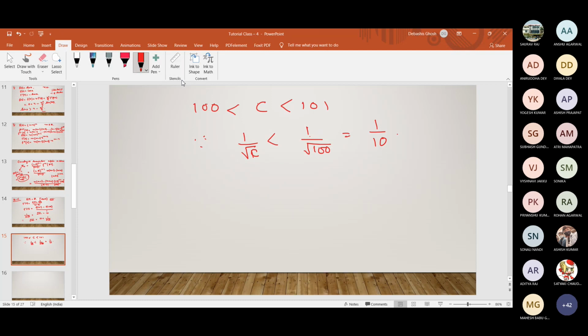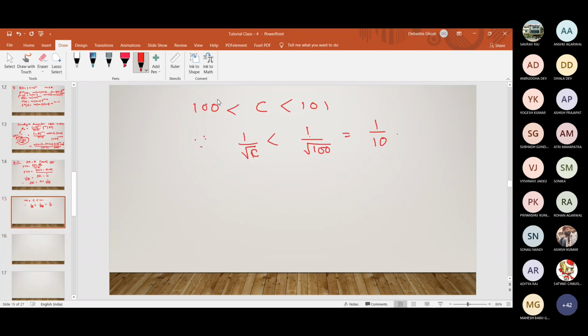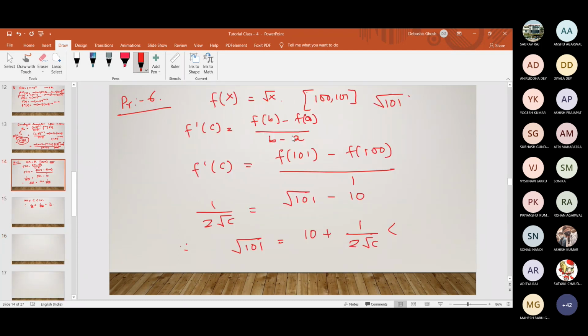So we can replace that value. That is less than 10 plus 1 by 2 into 10, which comes to 10 plus 1 by 20, that is 0.05. So 10.05. So we can consider that the approximate value lies between 10 and 10.05. It is greater than 10, of course.